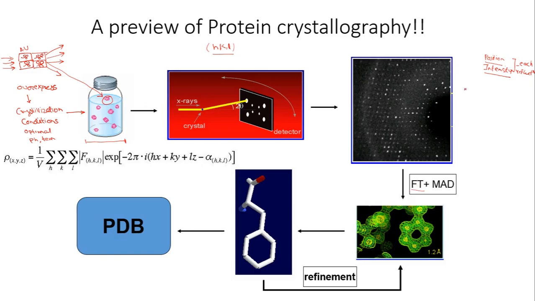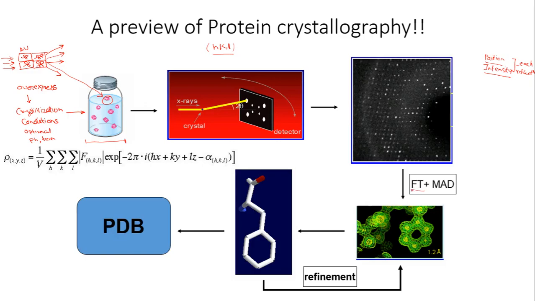So once we end up with position and intensity, our next job is to obtain the electron density for our protein molecule. To obtain the electron density, you usually have to use a mathematical transformation called the Fourier transform.